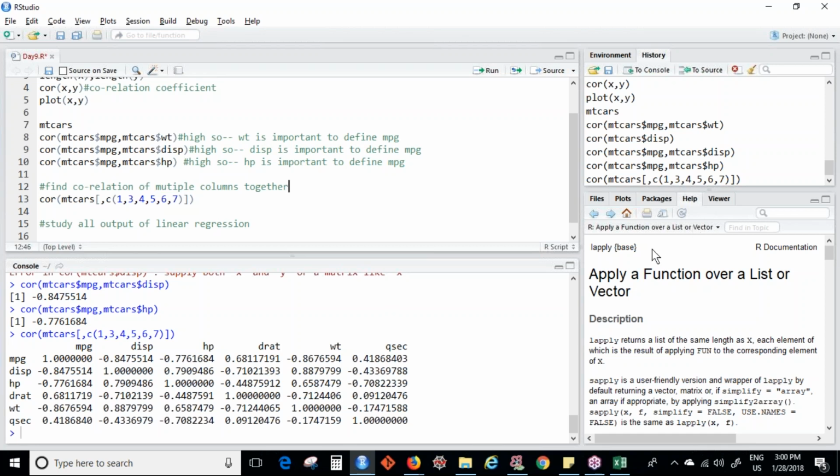Yeah, mod of 0.6, Lalitya. If it is less than mod of 0.6. Okay.